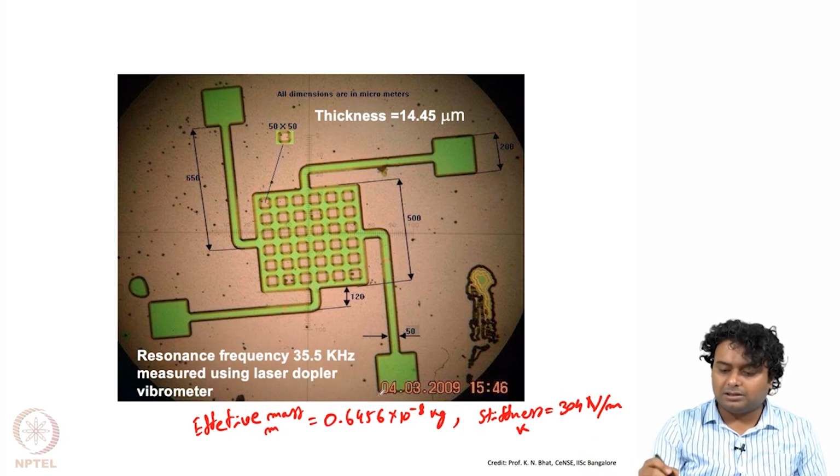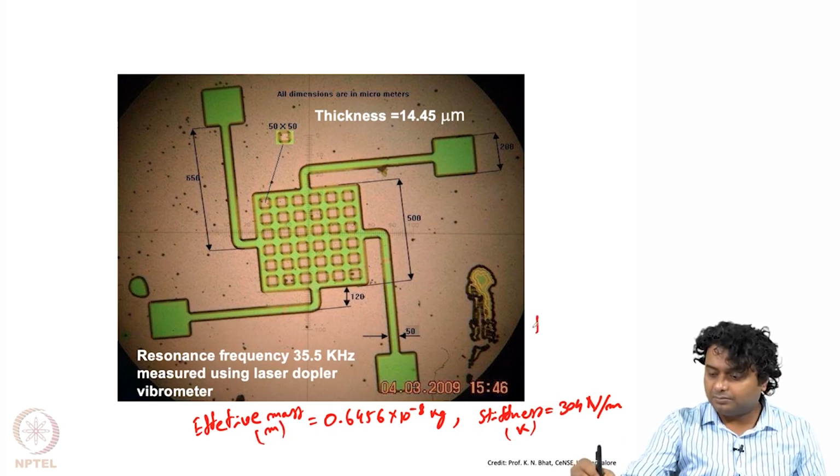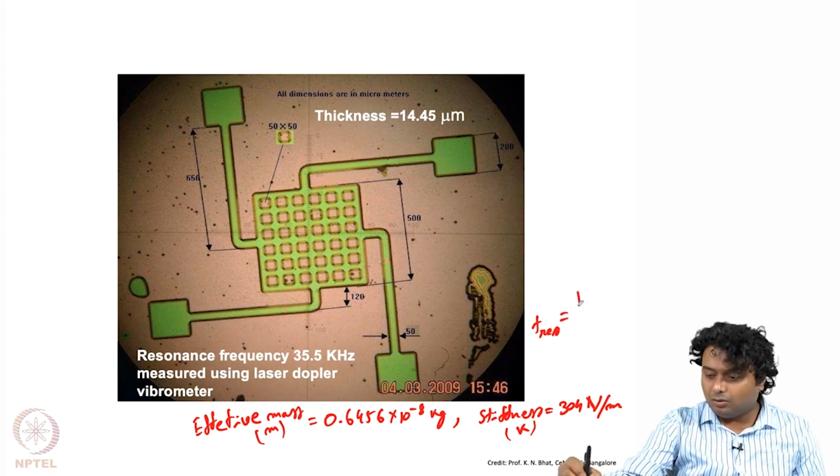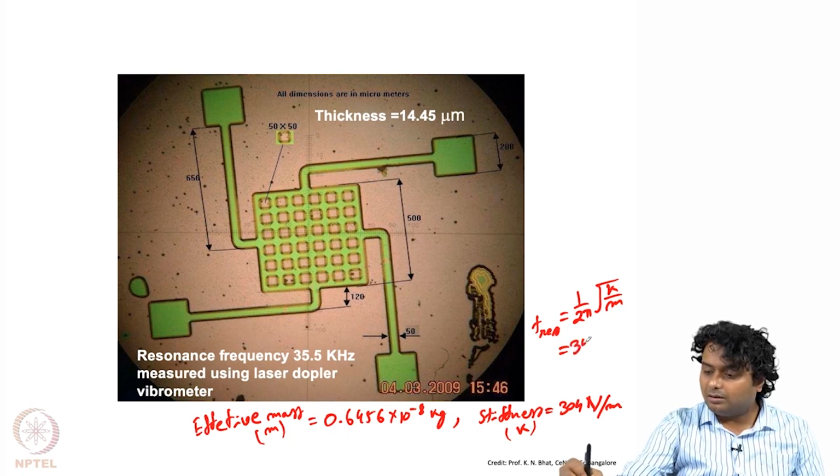For a dynamic system we can show that the resonance frequency should be equal to 1 by 2 pi into root over K by M, and that is equal to 34.54 kilohertz.